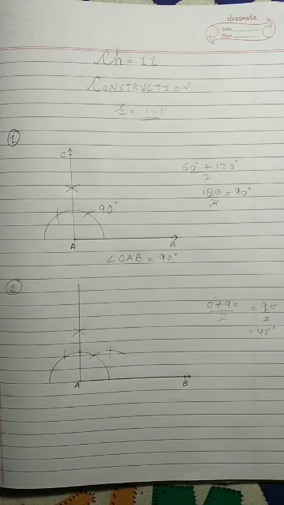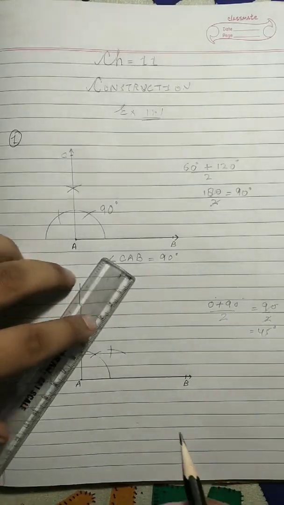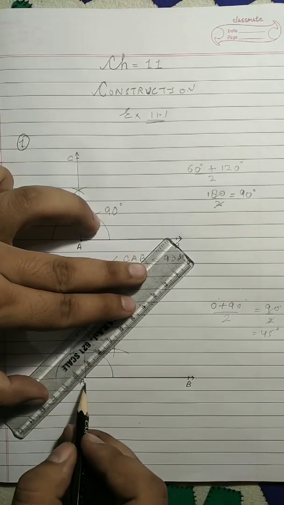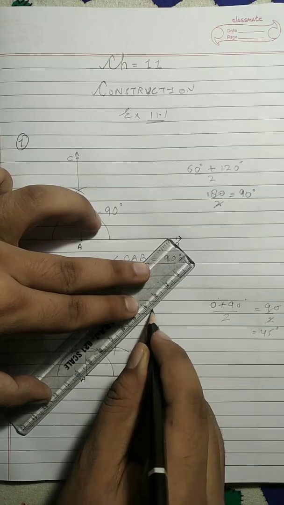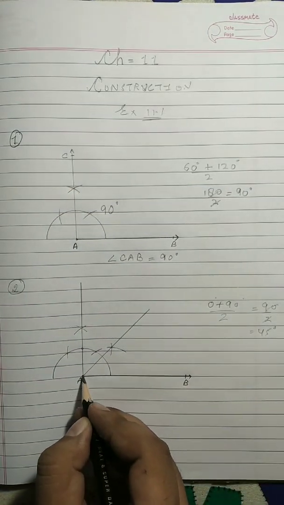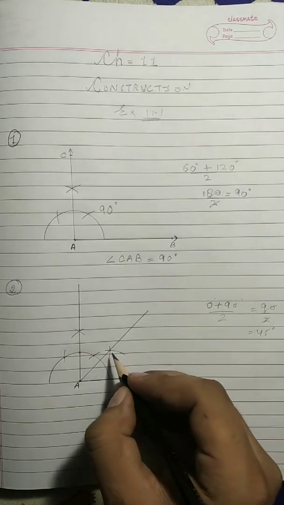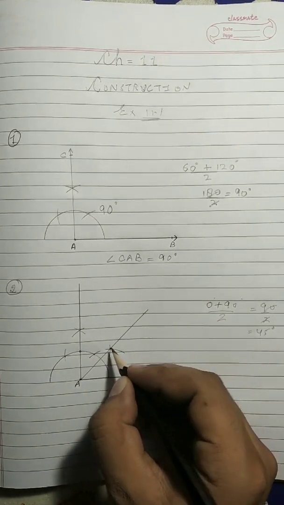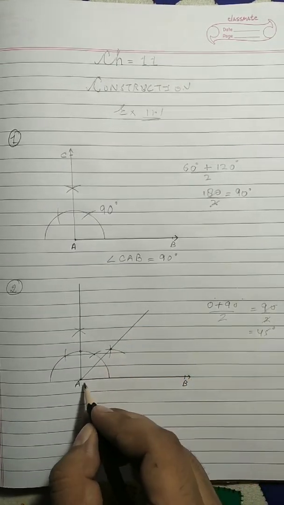Now where these two arcs intersect, from there we can join the initial point. So this line is representing angle 45 degree.